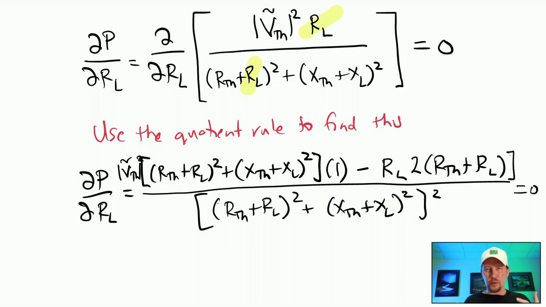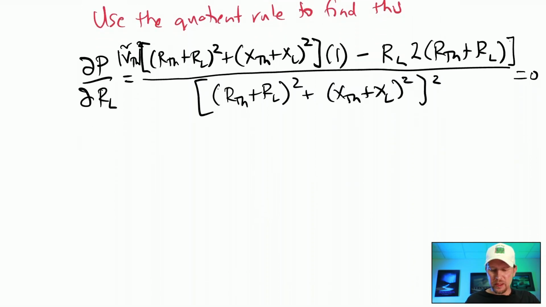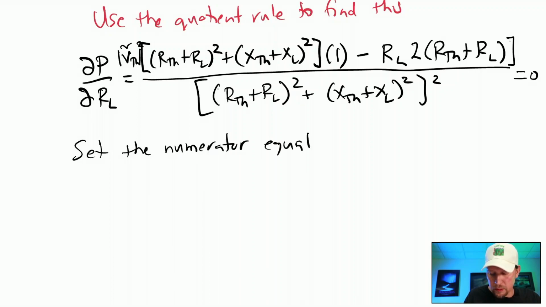Notice that the only way this whole thing can be 0 is if the numerator is equal to 0. So I'm going to focus on the numerator only and set it equal to 0.